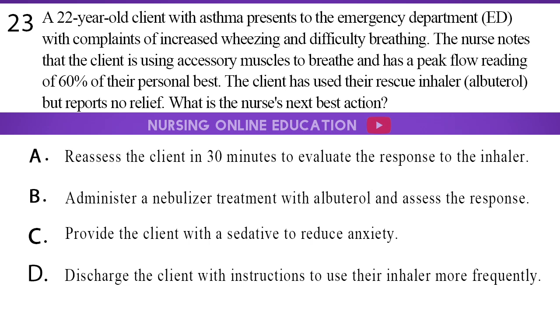What is the nurse's next best action? A. Reassess the client in 30 minutes to evaluate the response to the inhaler. B. Administer a nebulizer treatment with albuterol and assess the response. C. Provide the client with a sedative to reduce anxiety. D. Discharge the client with instructions to use their inhaler more frequently.